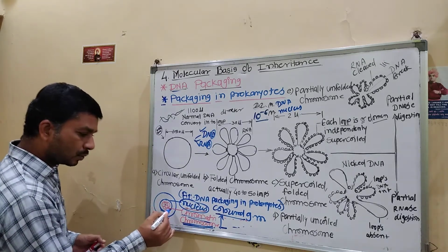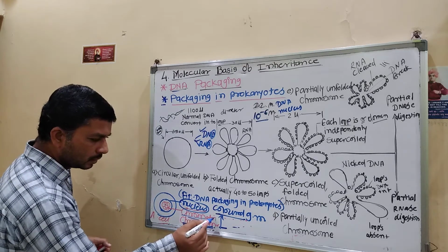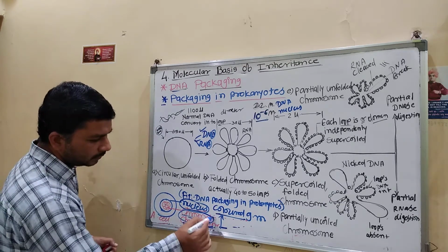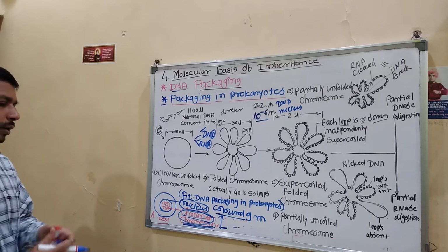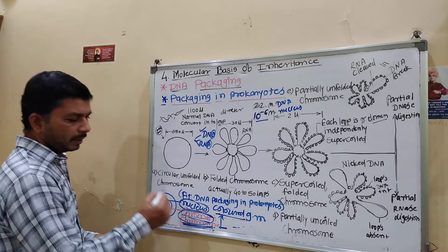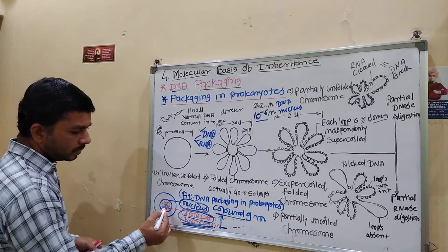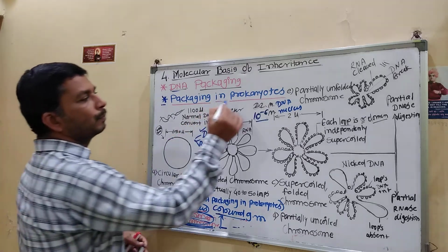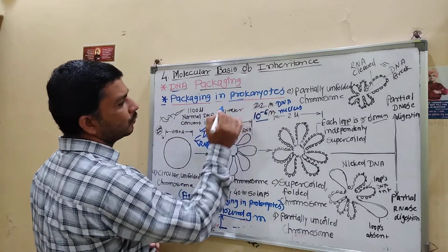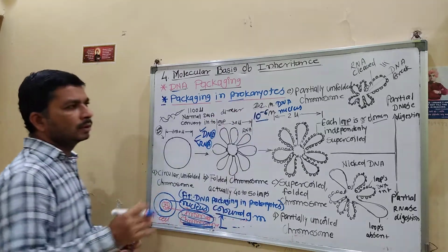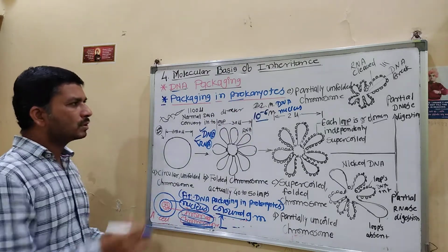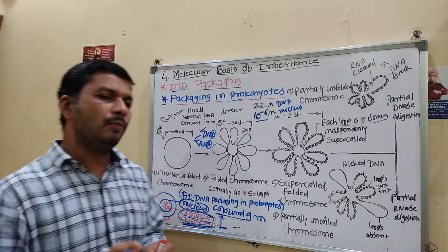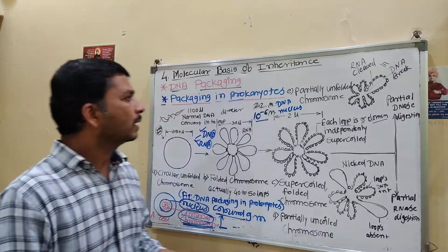Then this chromatin network is also not bounded by a nuclear membrane. That's why this is a prokaryon. Pro is primitive form. Karyon means nucleus. In those cells, a primitive form of nucleus is present.